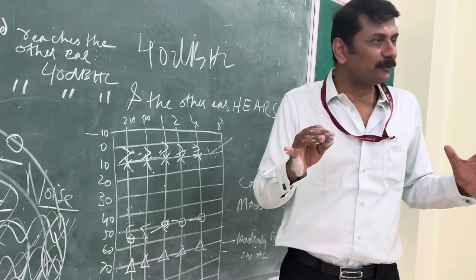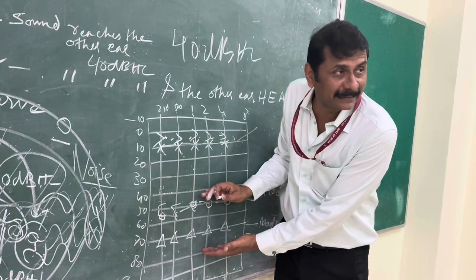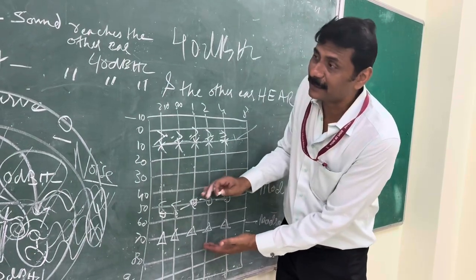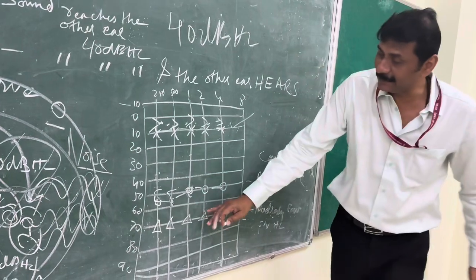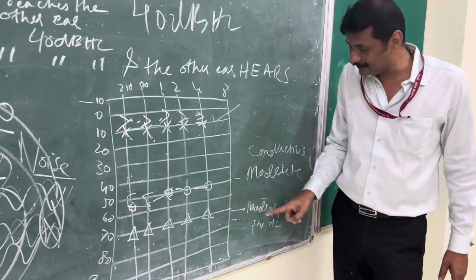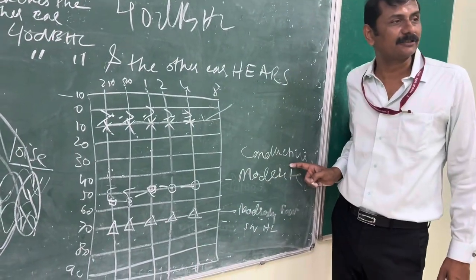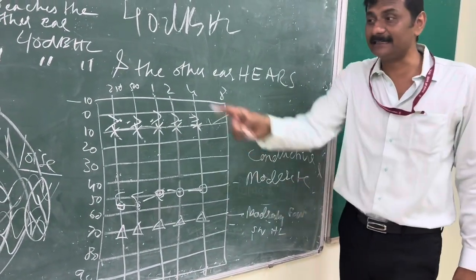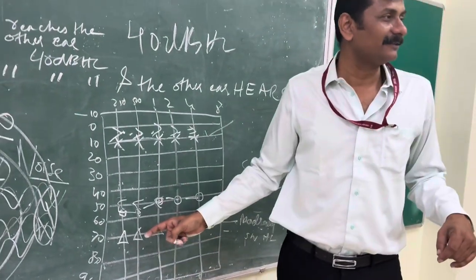So we need to ensure that this cross hearing doesn't happen and we don't get a shadow curve. This is known as a shadow audiogram or a shadow curve. This shadow curve is dangerous because the diagnosis changes: this becomes a moderate conductive hearing loss. But technically, at 70 decibels, it should be a moderately severe sensorineural hearing loss.